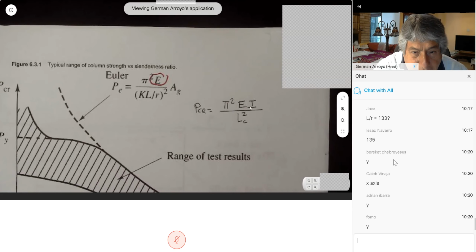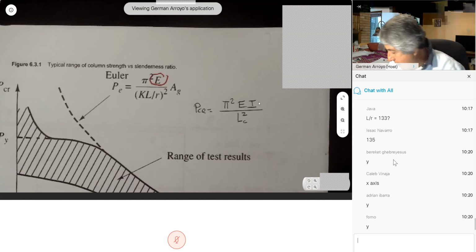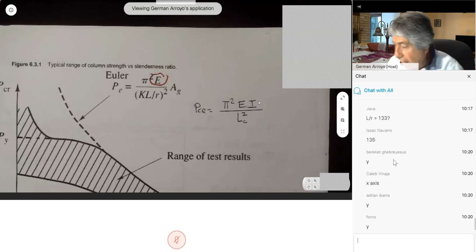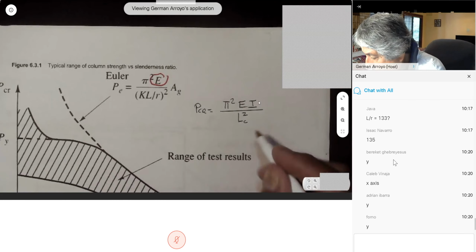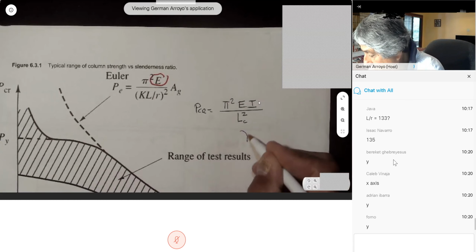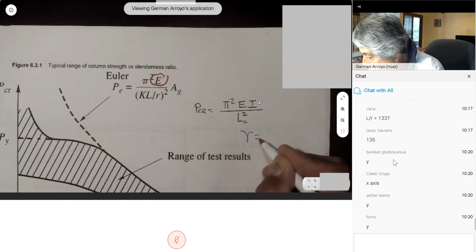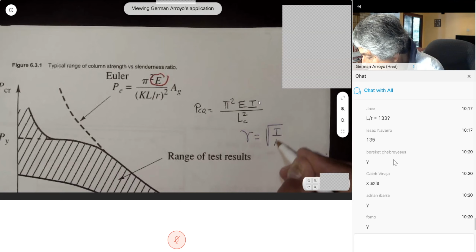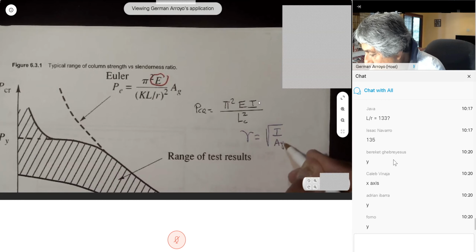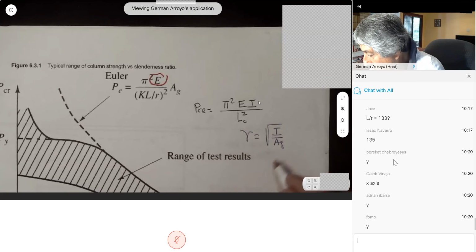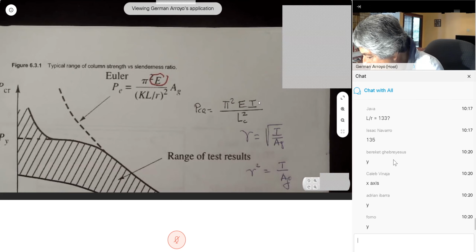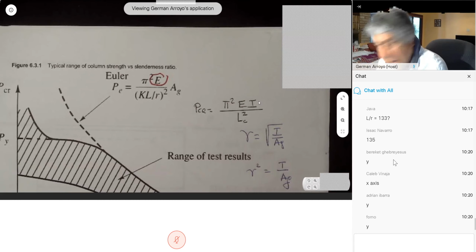And later, because of the value of I, as you know, the radius of gyration is equal to the square root of I over the gross area. So normally we say R squared is I over the gross area. And we replace I by R squared times the gross area.